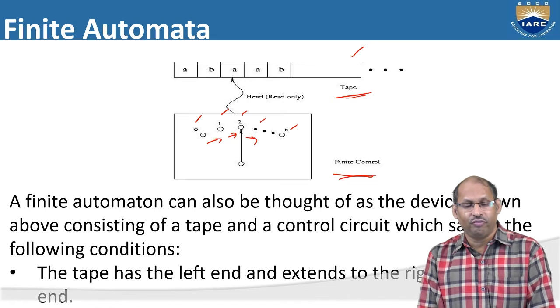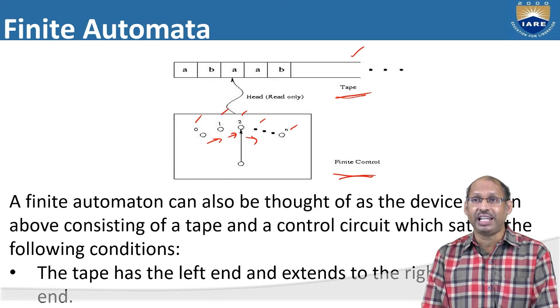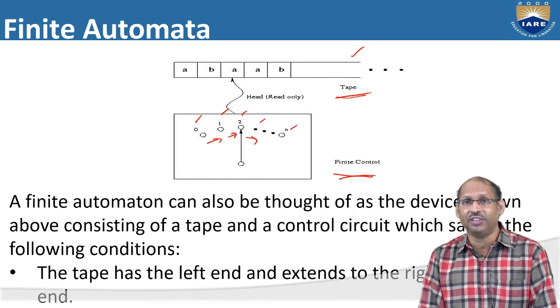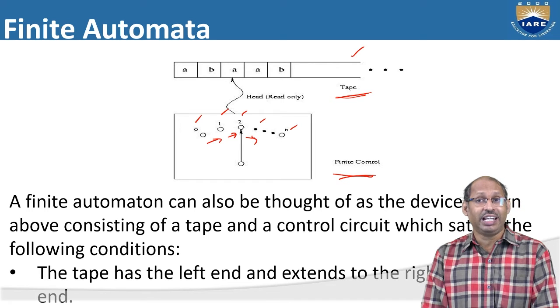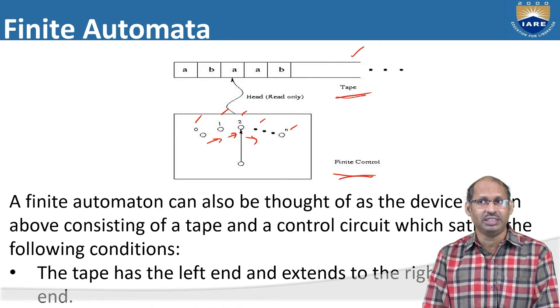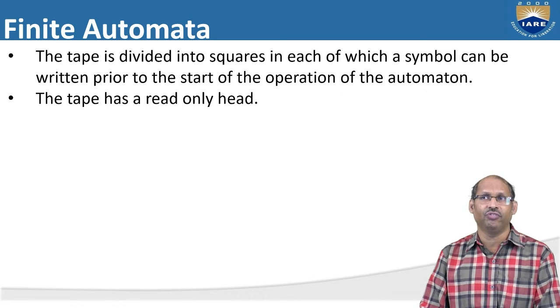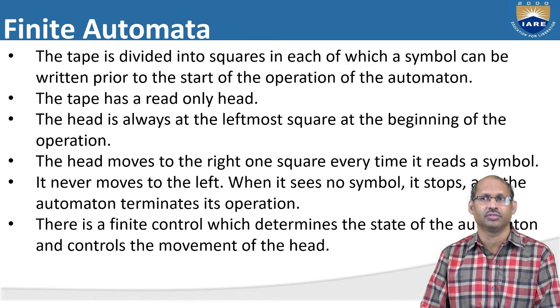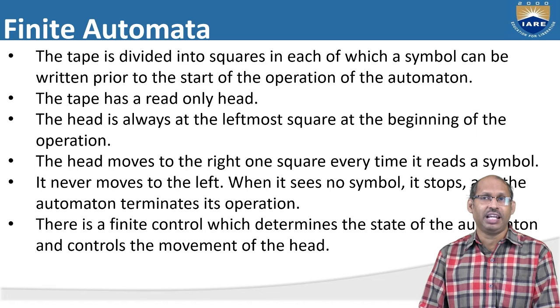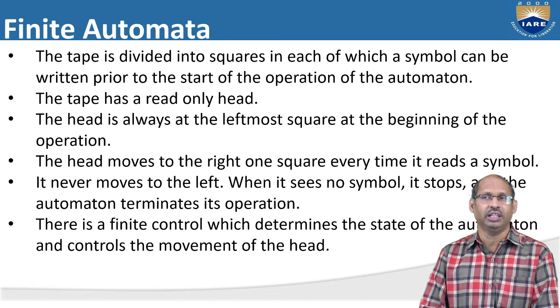A finite automaton is a device consisting of a tape and a control circuit which satisfy the following conditions. The tape has a left end and extends to the right without bound, meaning an infinite tape. It will read the characters one by one. The tape is divided into squares, in each of which a symbol can be written prior to the start of the operation of the automaton.